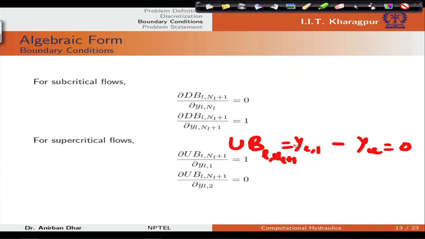Now, in this case if we take the derivative with respect to y L 1, obviously we are getting 1 here, and for the second term we are getting 0.